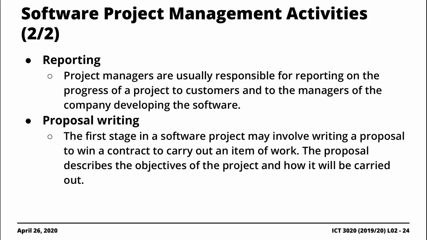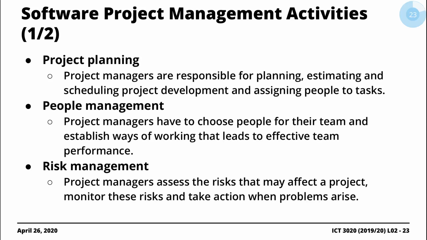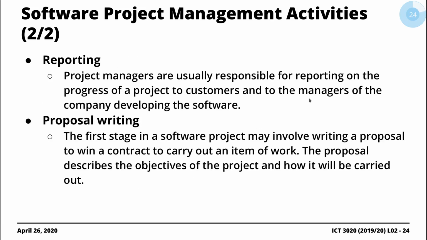So that's considered a report. It essentially describes the overall objectives of the project, and more importantly, how you are going to conduct that particular project. To recap, these are the key things that you work towards as part of software project management: planning, people management, risk management, and reporting.